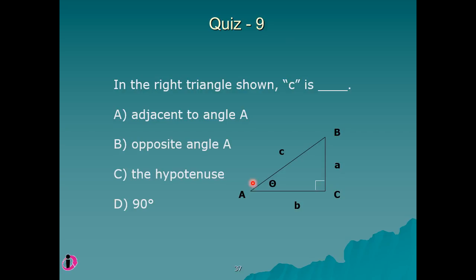Small c is the hypotenuse. The right answer is C. Angle C. Now, do you see the difference? Anytime we mention an angle, it is a capital letter, right? Angle C is what? 90 degrees.